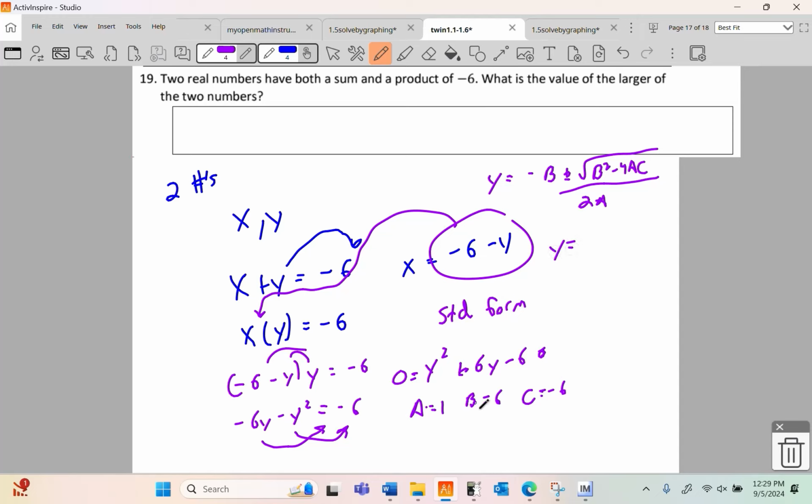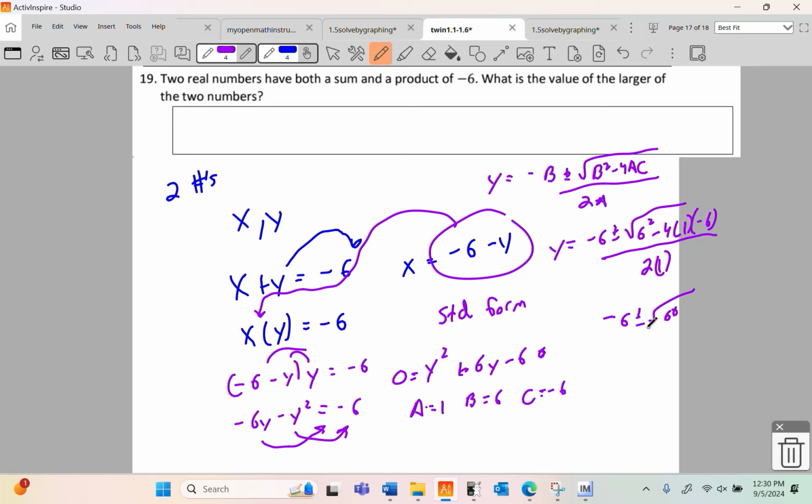This is going to be y equals negative 6 plus or minus the square root of 6 squared, take away 4 times a, which is 1, times c, which is negative 6, all over twice a, 1. Inside that radical, I'm going to have 36 plus 24, which is 60.